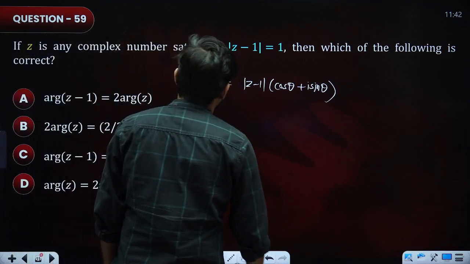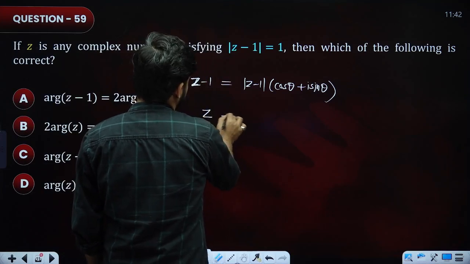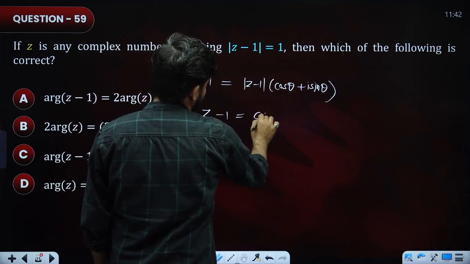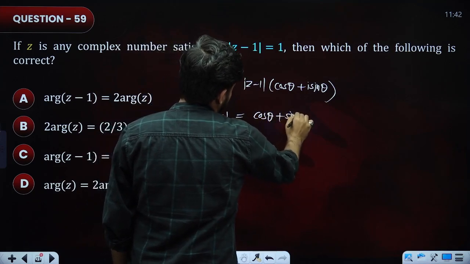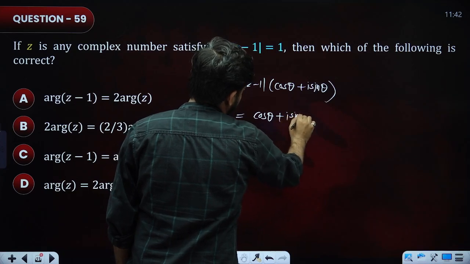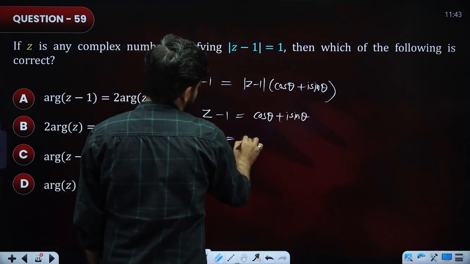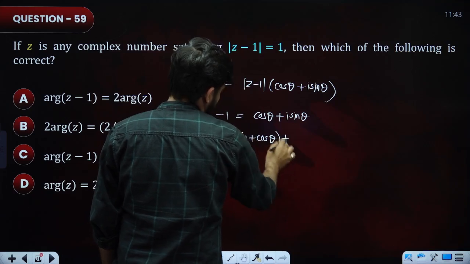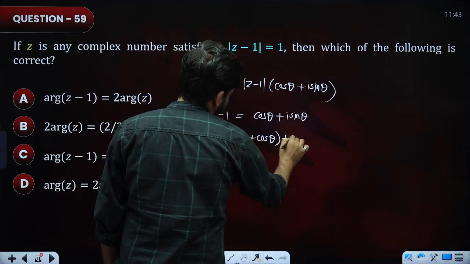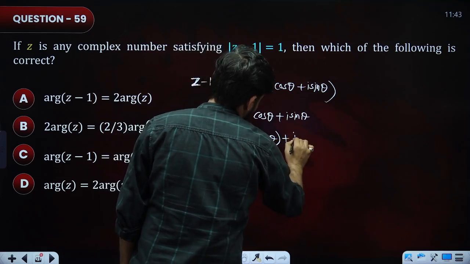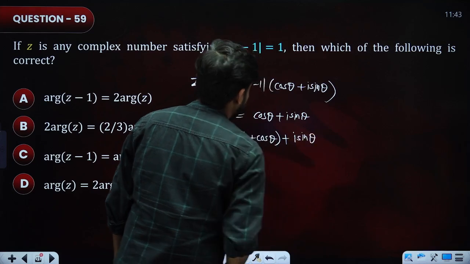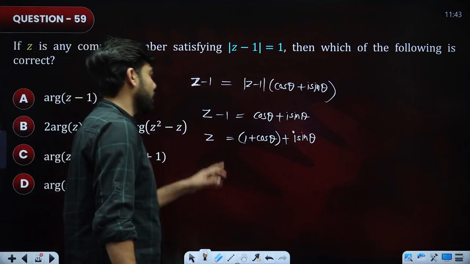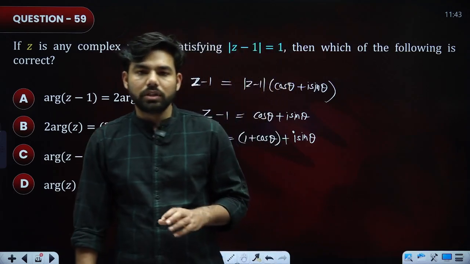So for that condition, we can write z minus 1, and this value is equal to 1. So we can write cos theta plus iota sin theta. Now z is equal to 1 plus cos theta plus iota sin theta.